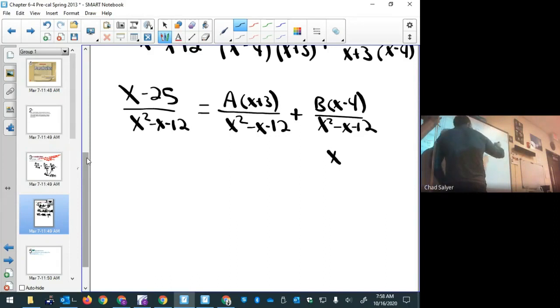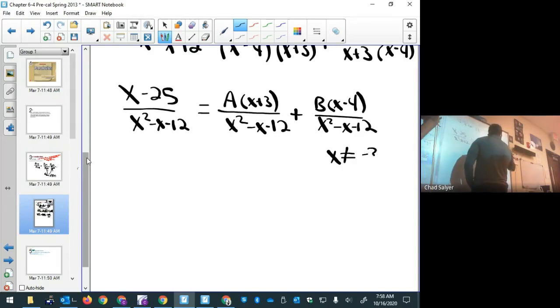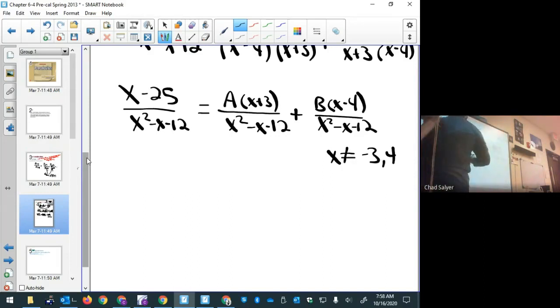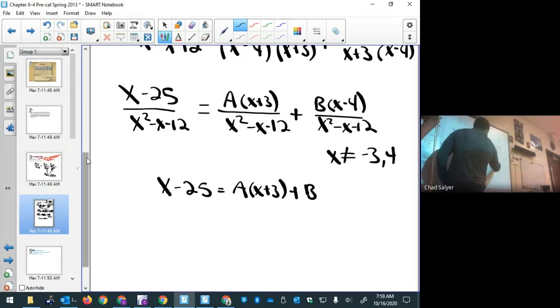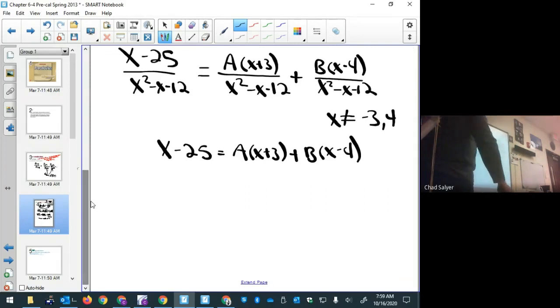It's not as important here, but we'll go ahead and state them anyway. So as long as x never equals -3 or +4, then this is true. As long as those denominators are never 0, the numerators can be set equal.